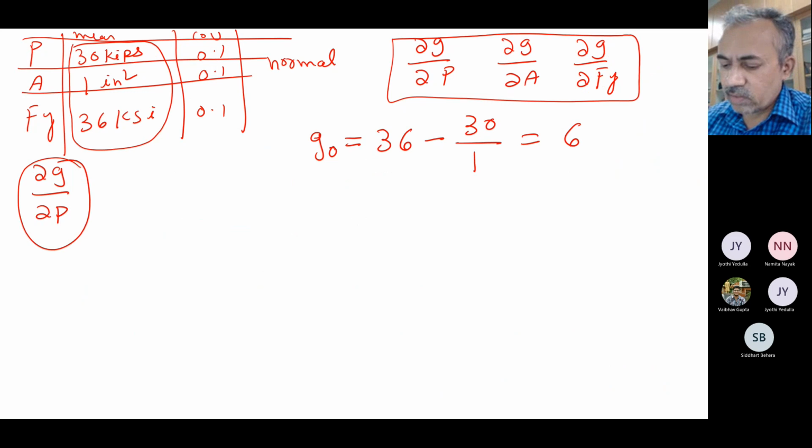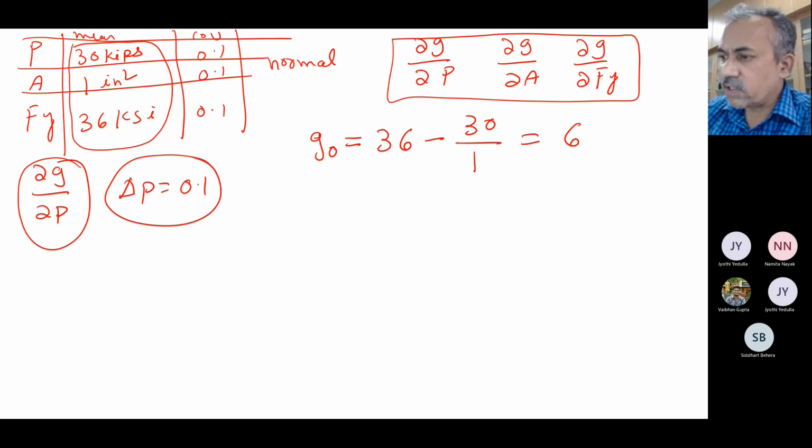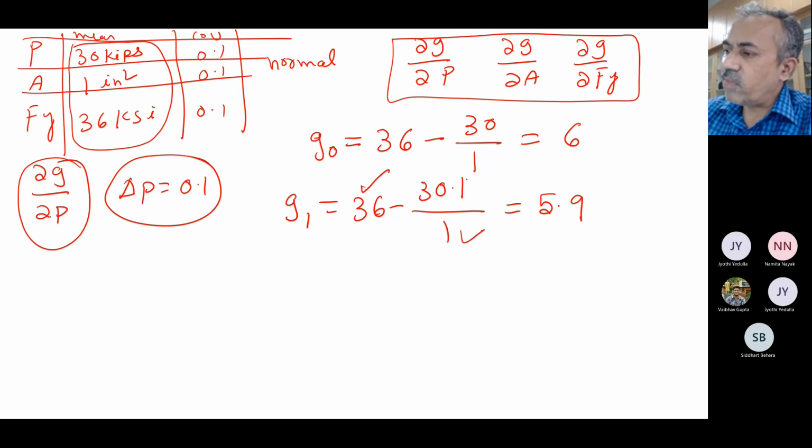So delta p is some 0.1, a small perturbation. Now my g1 will be 36 minus 30.1 by 1, which turns out to be 5.9. All other things I have kept constant; only p has a small perturbation.